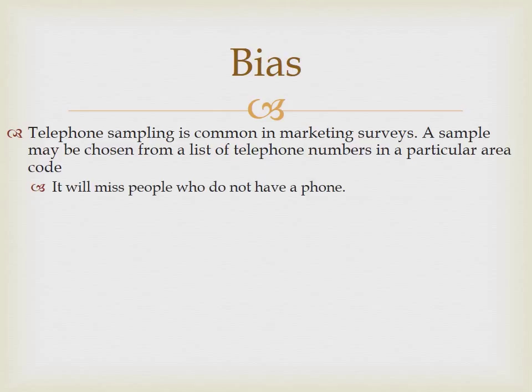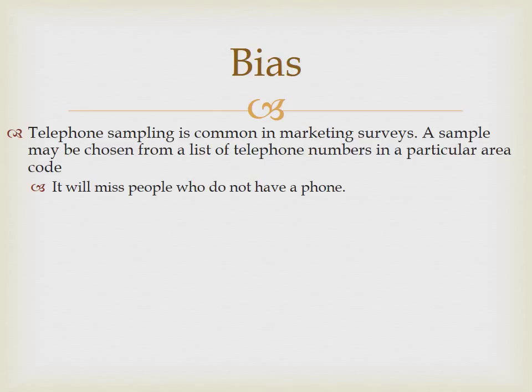If this happens, there are some people who are inevitably left out of this study. So maybe a company decides to conduct a survey and they start calling around and they believe they're conducting a random sample because maybe they are just randomly choosing phone numbers from this list. But there are still people who do not have a chance to be selected for this survey.